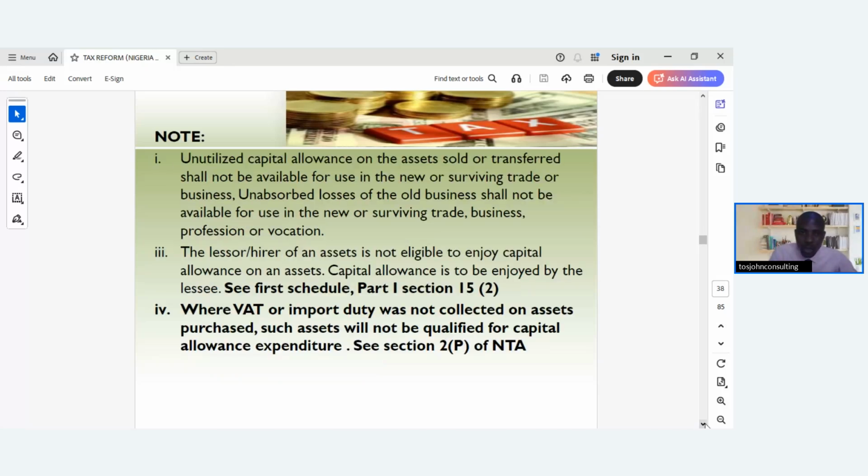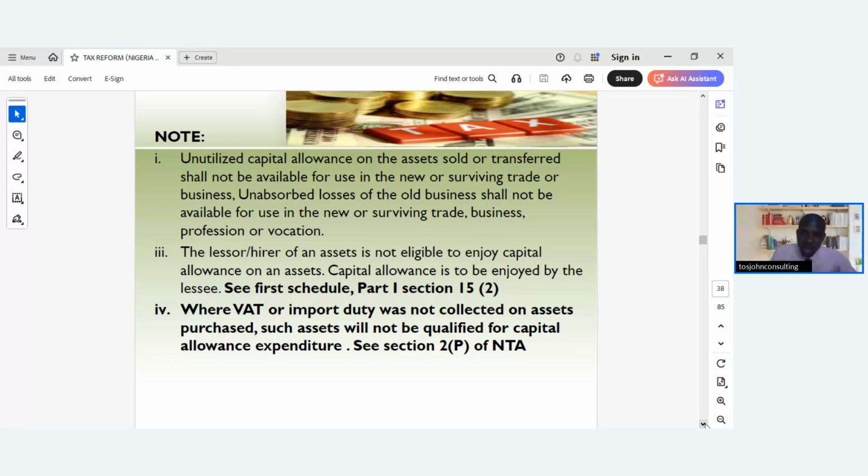Then what we need to note here: unutilized capital allowance on the assets sold or transferred shall not be available for use in the new or surviving trade or business. That is what it is. Unabsorbed losses of the old business shall not be available for use in the new or surviving trade, business, profession, or vocation.